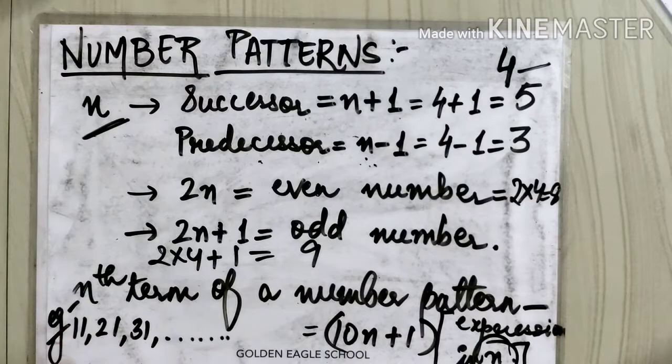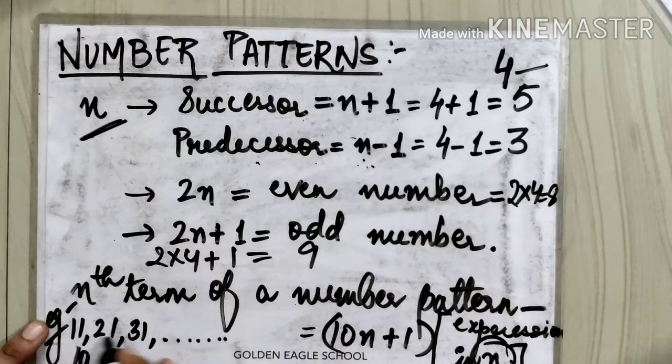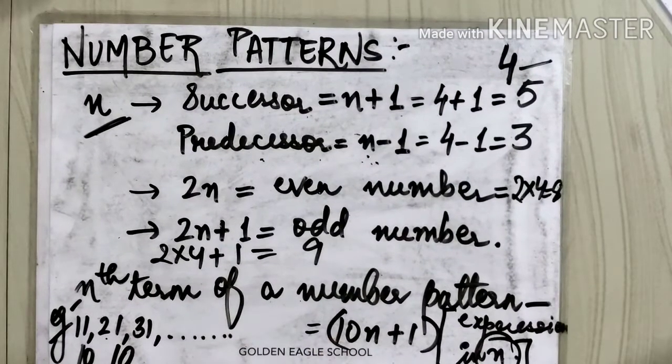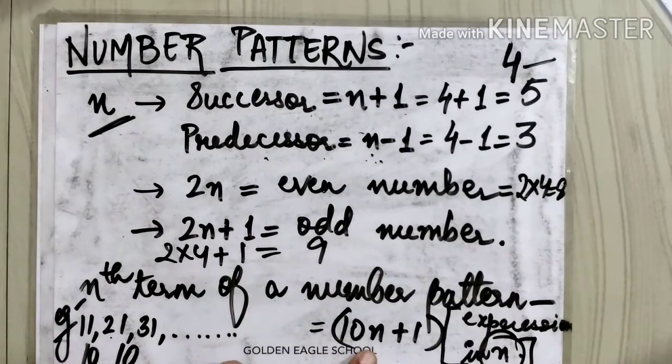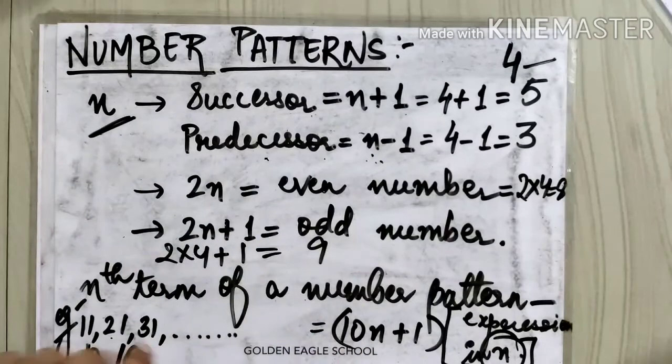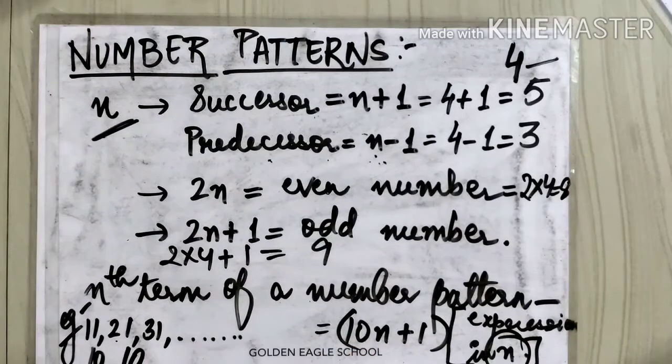Here there is a difference of 10. Here also a difference of 10. So, the nth term will be 10 multiplied by n, because the total number of terms will be n. So, 10 multiplied by n plus 1 will be the nth term of the number pattern. This is how we can use algebraic expressions in number patterns.